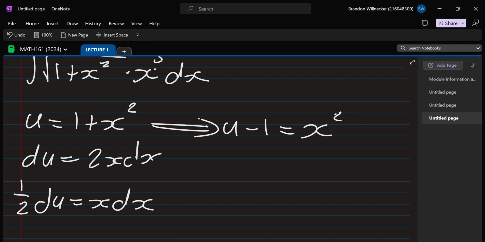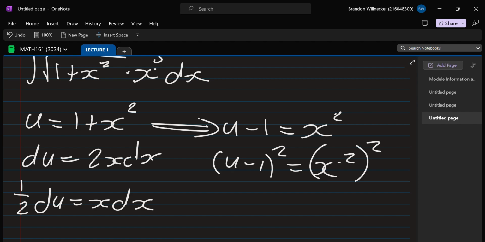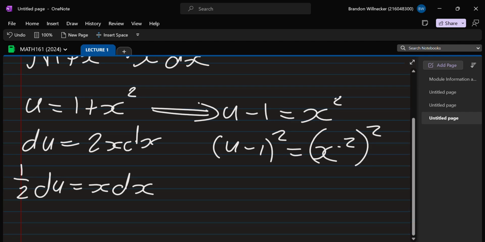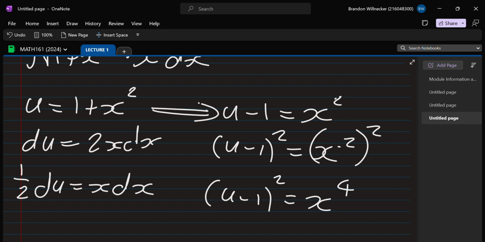Now we can square both sides. So u minus 1 squared is x squared squared. Now if you have x squared squared, the 2 and the 2 will multiply and become the 4 that we need. Okay. So we've got our x to the 4 in terms of u.